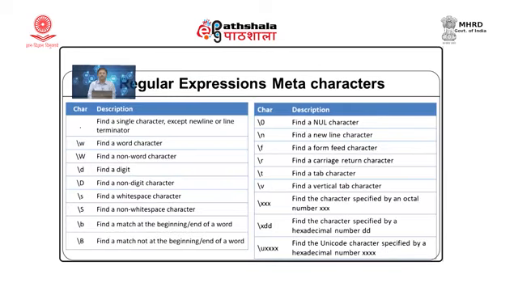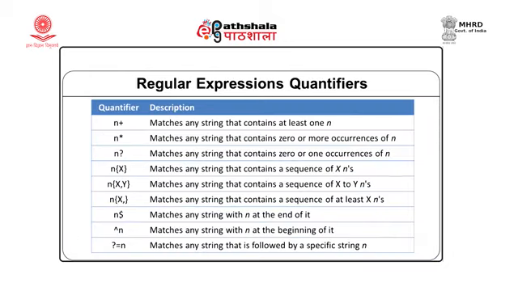You can also use meta characters to specify a word character, non-word character, digit, non-digit, white space, non-white space, beginning or end of word, null character, new line character, form feed, carriage return, tab character, vertical tab, etc. So, these are the meta characters that you can use inside a regular expression, with their fixed meanings.